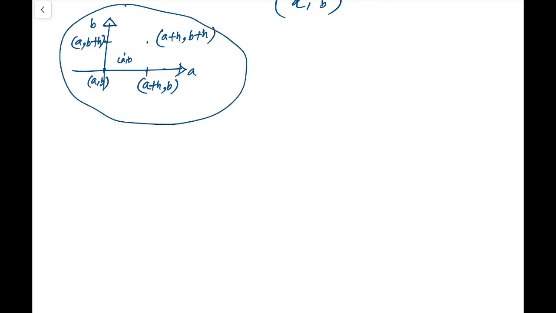Basically N(a, b) is a neighborhood of (a, b) such that all 4 points are belonging to this neighborhood. So we are choosing h in such a way.